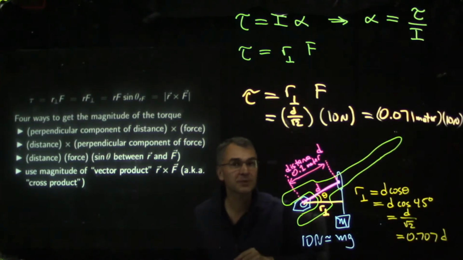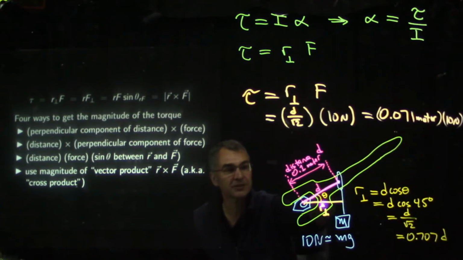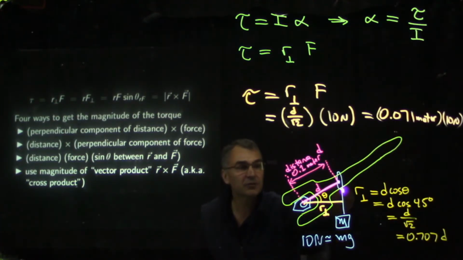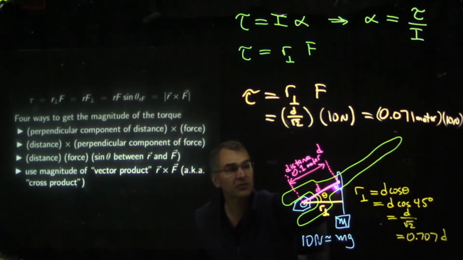Although in this particular case of the wrench problem, we knew we wanted to pick out the horizontal part of the displacement because the force is vertical. We know that a vertical force will go with a horizontal displacement. So we drew the angle here so that it would be easy to pick out the horizontal component. In general, if you have a force and a displacement at some arbitrary orientation, then you want to ask yourself, what is the angle between the force and that displacement?